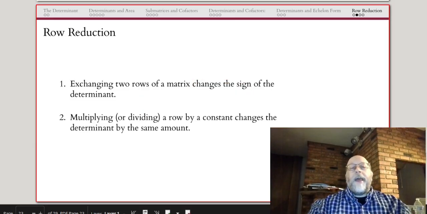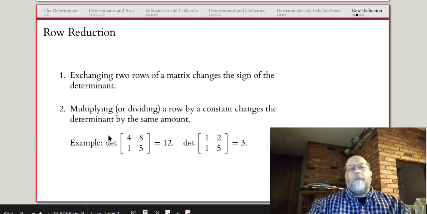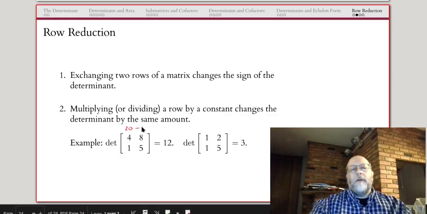We're allowed to scale a row, multiply or divide a row by a constant, but it changes the determinant by the same amount. Here's an example of that. I have the matrix 4, 8, 1, 5. My determinant is 20 minus 8, and that's equal to 12.